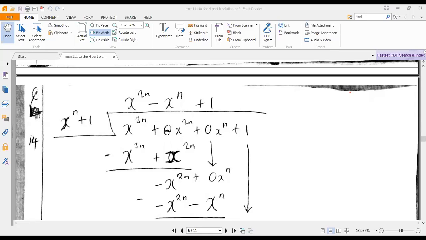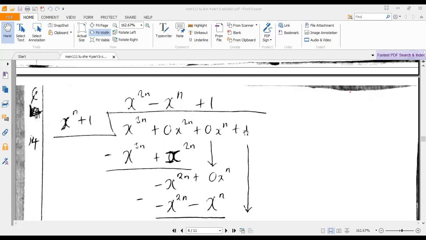But always keep in mind that you have to be showing these zeros each time you're dealing with polynomials, because these zeros will help you get the correct answer. Because if you're not showing, you'll be having challenges, and now you're going to go about the same question, manipulating the question. So you know that this is the same as you have 0 times x to the power 2n plus 0 times x to the power n plus 1.